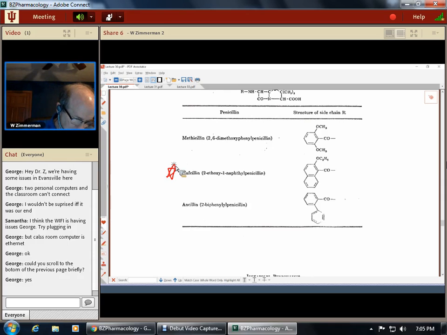So nafcillin is the drug that's on your drug list. And nafcillin, one thing's a little unusual, it undergoes hepatic excretion.